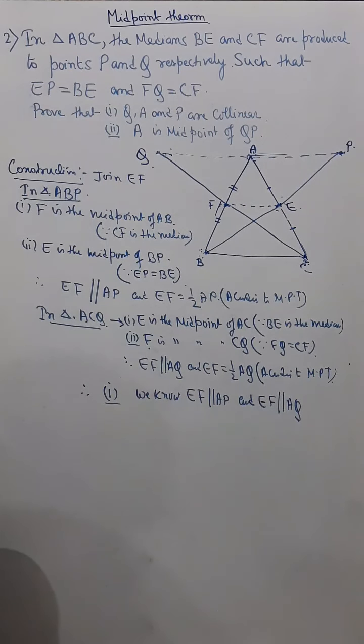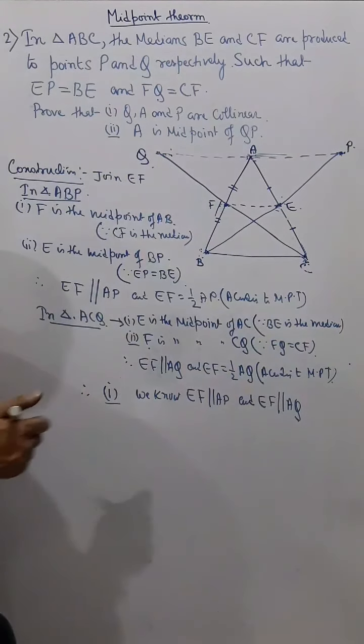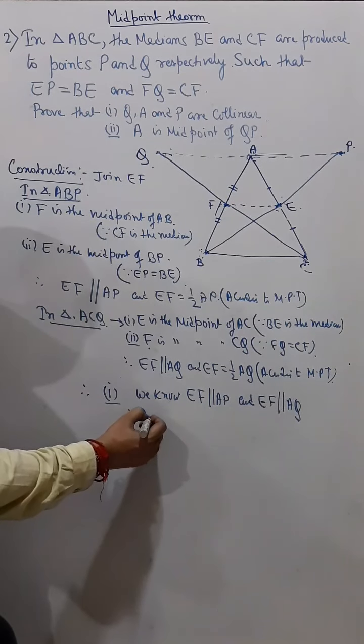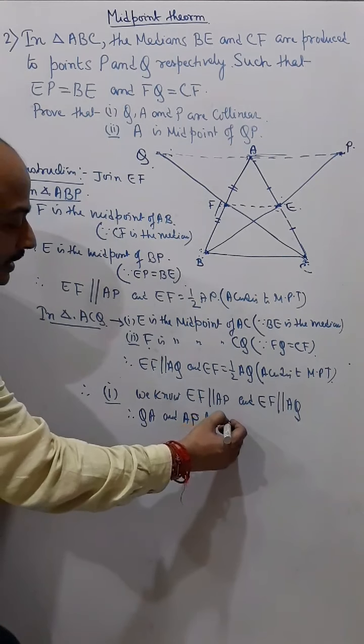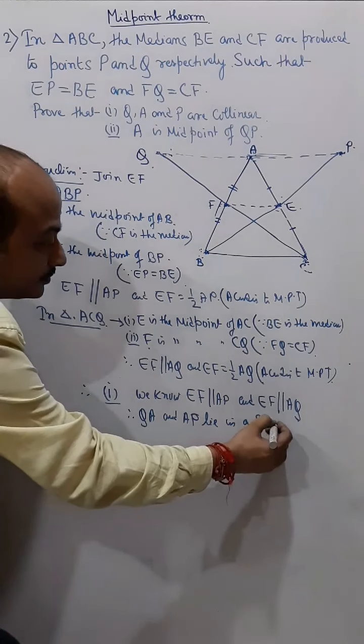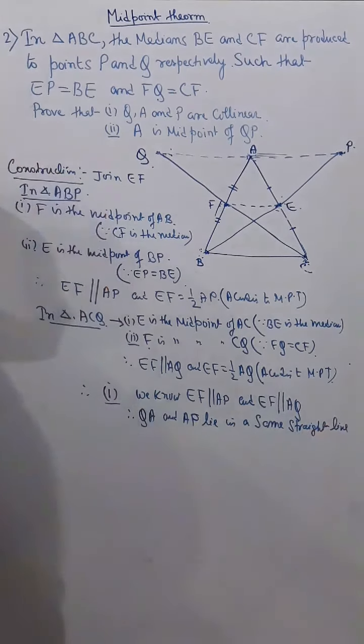So EF is parallel to AP and EF is parallel to AQ, and therefore we can say that QA and AP lie in the same straight line, because both QA and AP pass through the same point A and they are parallel to EF.